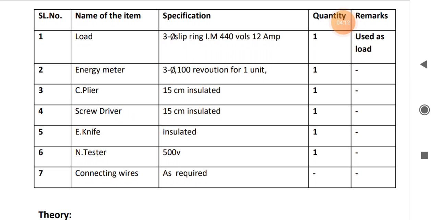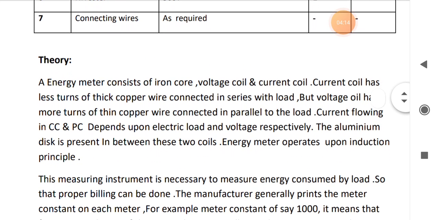Now, the theory part. An energy meter consists of an iron core, voltage coil, and current coil. The current coil has fewer turns of thick copper wire connected in series with the load, but the voltage coil has more turns of thin copper wire connected in parallel to the load.